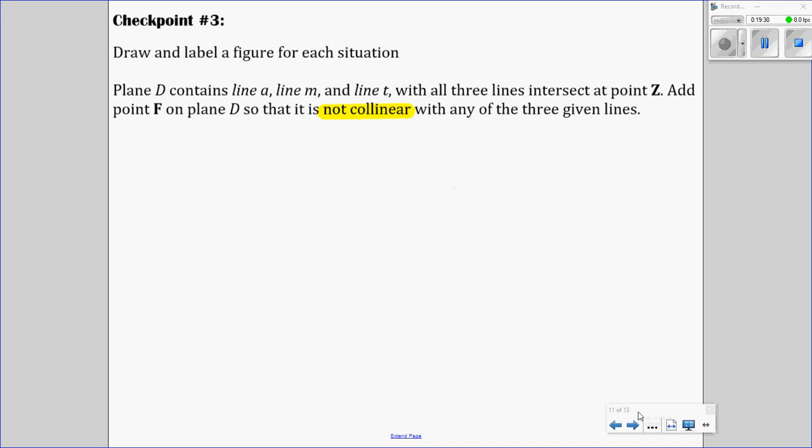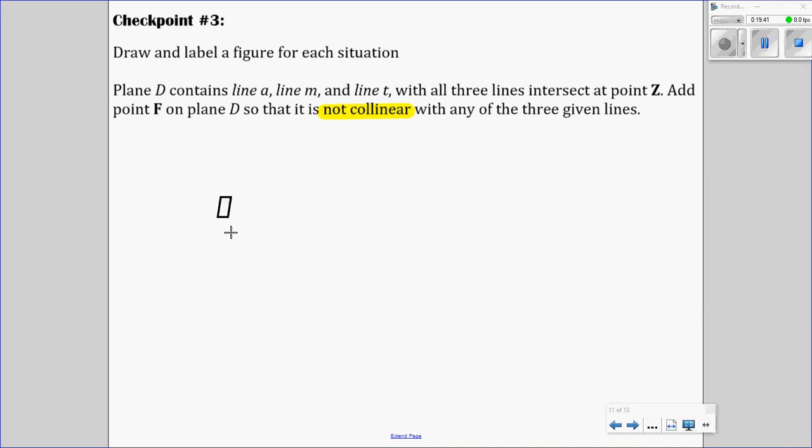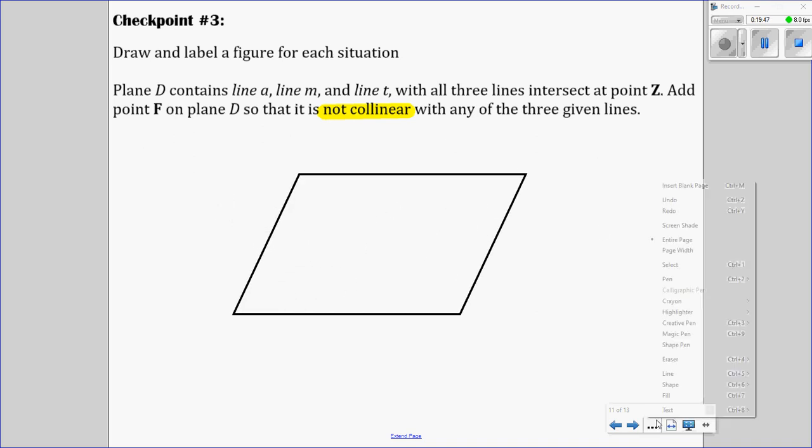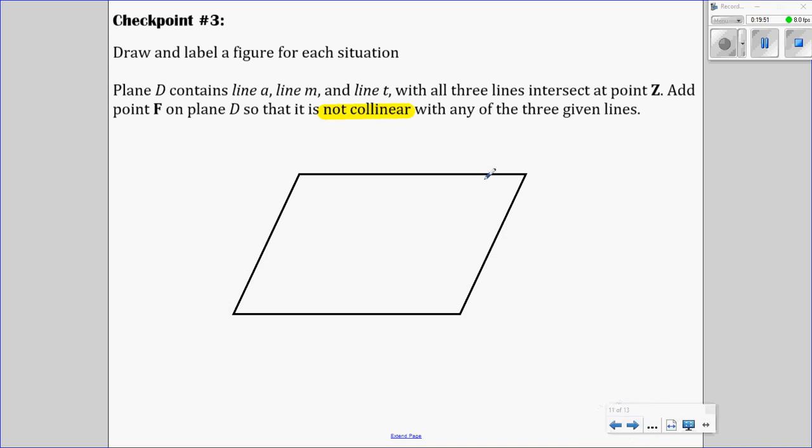Next one. Do the same thing. We need to have a plane. So I'm going to go back and have my plane. And they say plane D, so I'm going to label it right away.